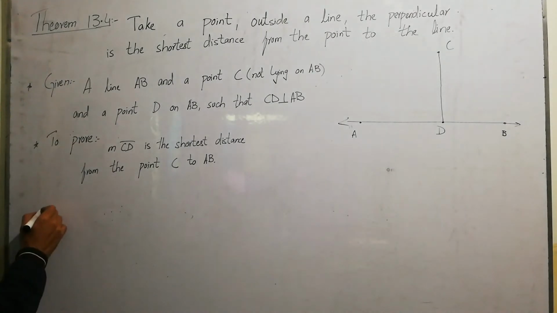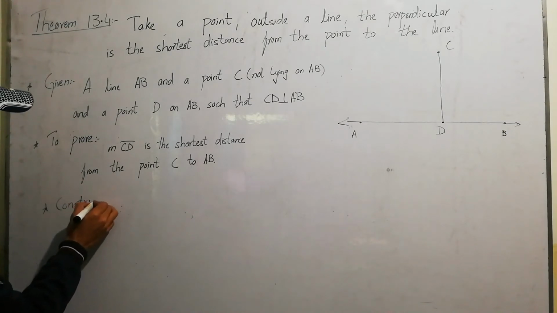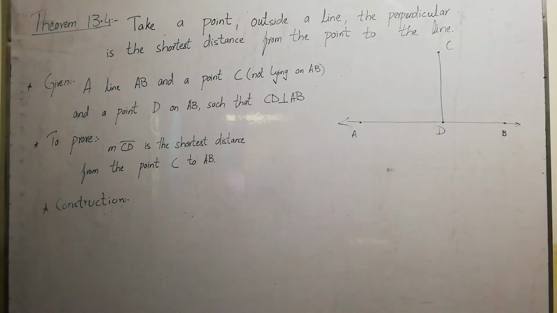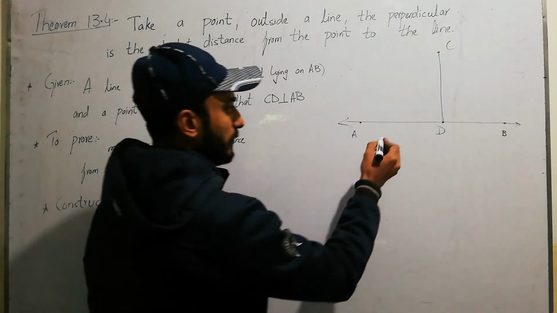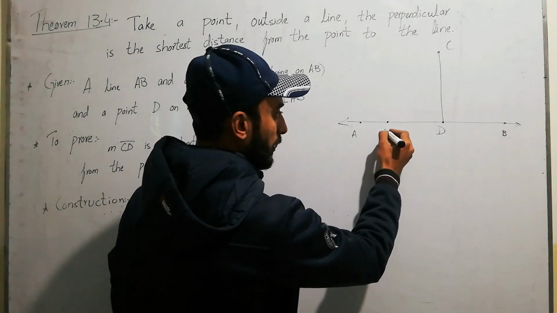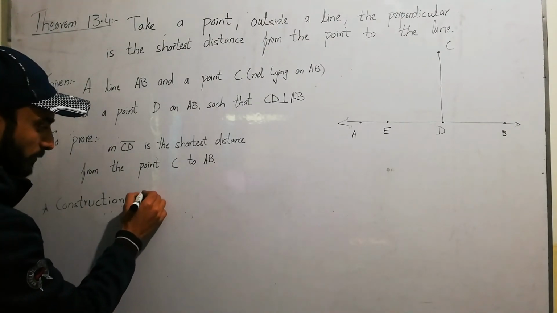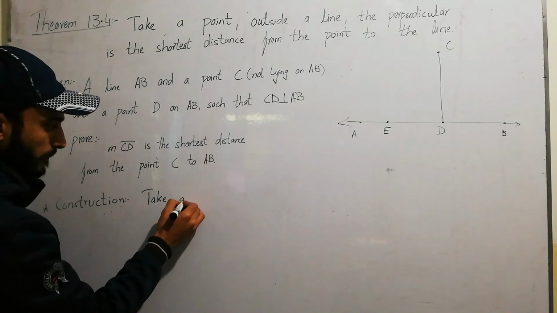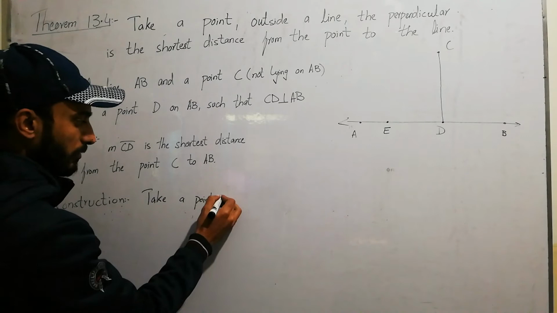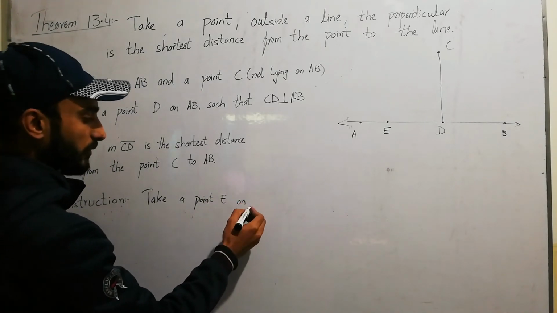Now in construction we can write, we can take a point E away from point C. We can take point E anywhere on line AB. You can take point E anywhere on AB.